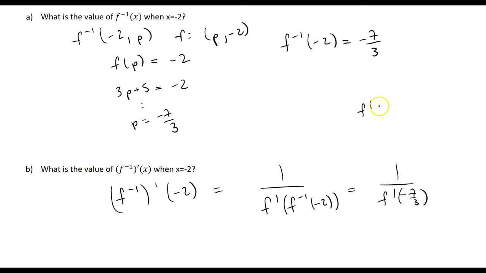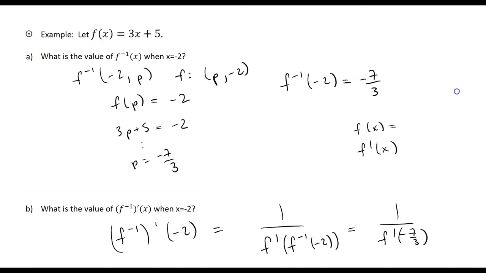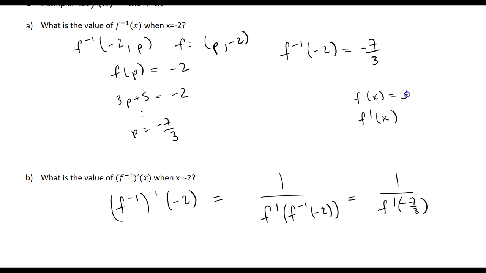And f prime here, if f of x was 3x plus 5, f prime is going to be 3. So no matter what the p was, this ends up being 1/3. So yes, you could have just found the inverse of that one pretty easily, but it just kind of illustrates the point. So notice that f and f inverse are going to have reciprocal slopes.